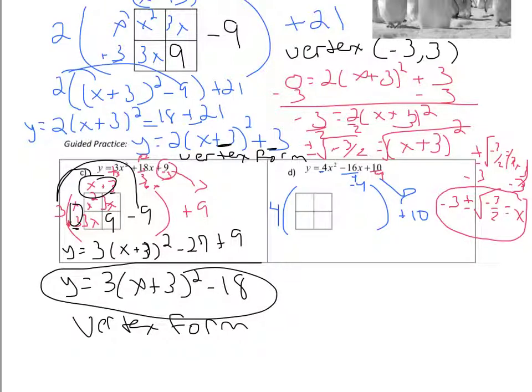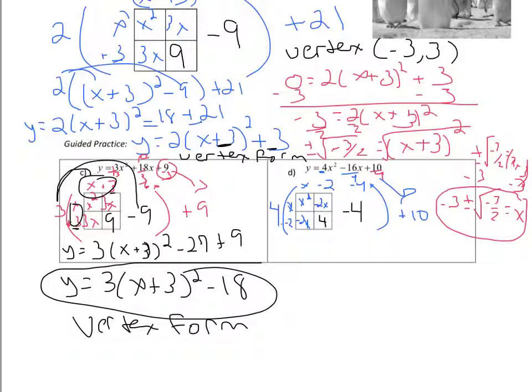So 4 divided by 4, I just have x squared. And then I have the negative 16 divided by 4 is negative 4. So that means this is negative 2x and negative 2x. And that would be x minus 2 and x minus 2. And negative 2 times negative 2 gives me that 4. I didn't have 4 before, so I need to subtract off the 4.